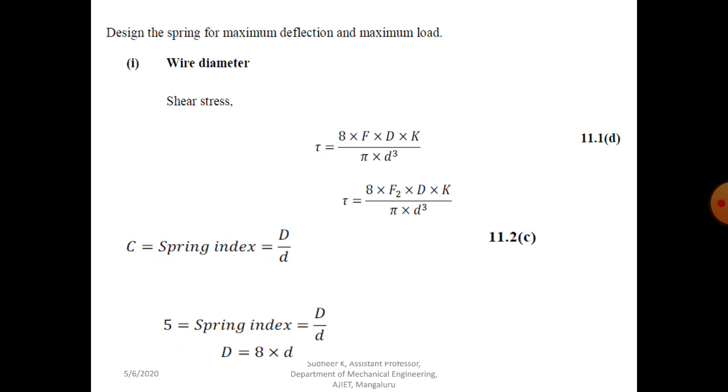Now the spring index you can calculate with the help of equation 11.2 from your data book, page number 169. The value of spring index is given as 5, that is capital D divided by small d. But in this problem they have given the spring index as 8, this is not 5, it is a little print mistake.